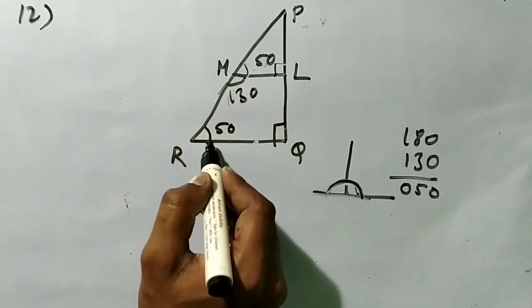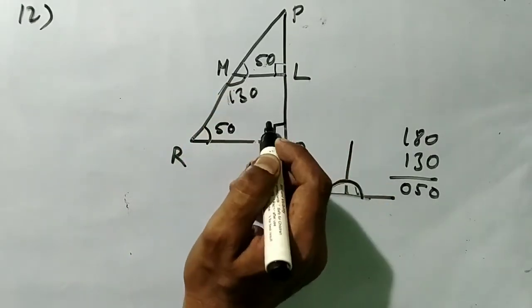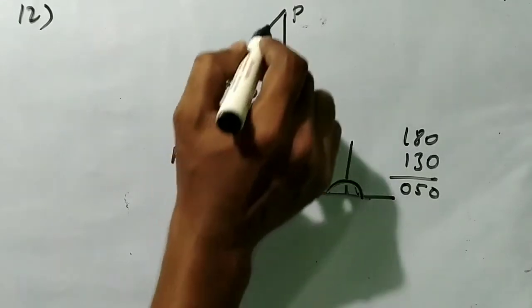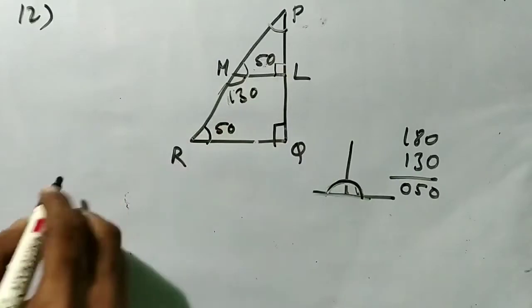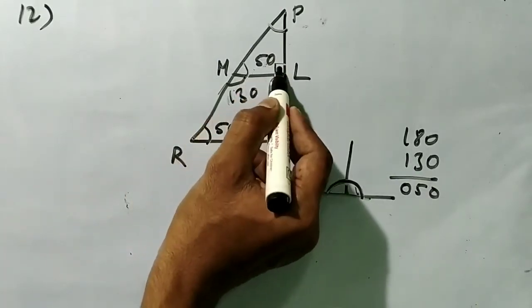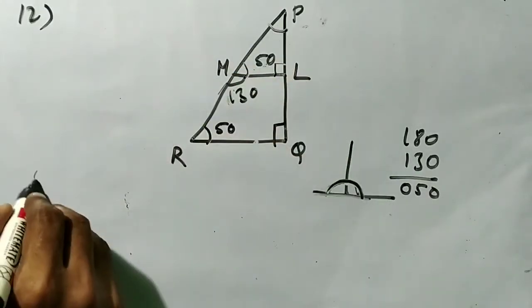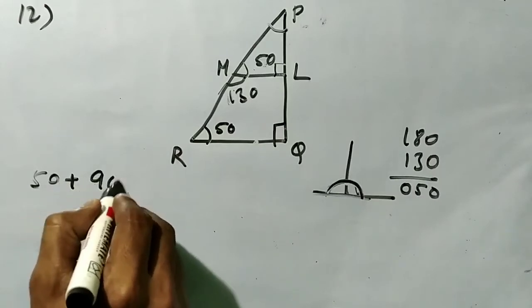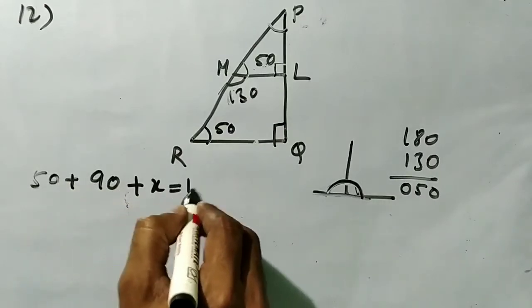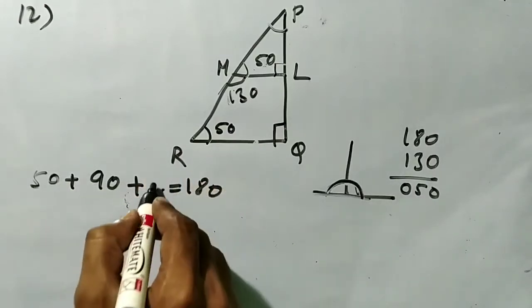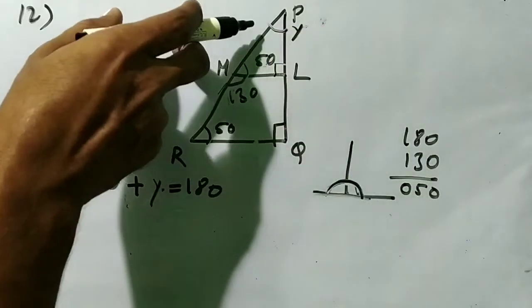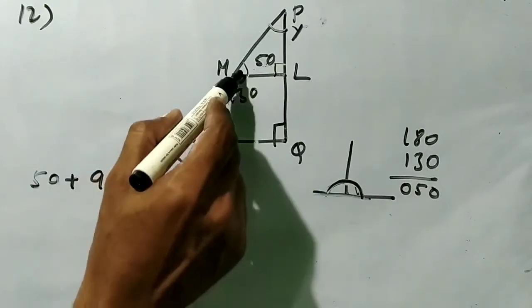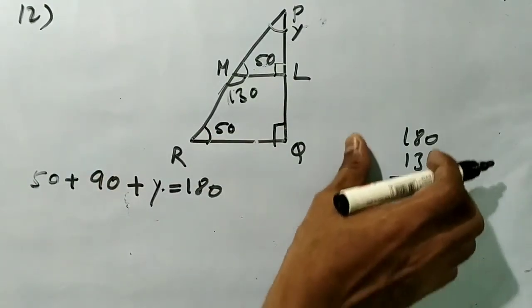So this was 50, here 50, and we can easily obtain angle MPL, because we got 50, 90, and we don't know this one. So 50 plus 90 plus y is equal to 180. Let's take this angle as y. The 50 we got from the linear, that is adjacent angles.